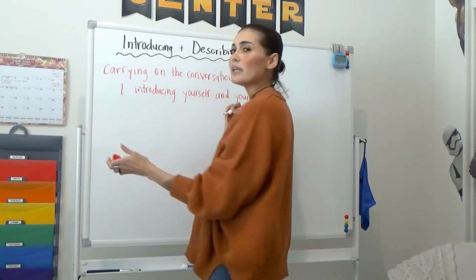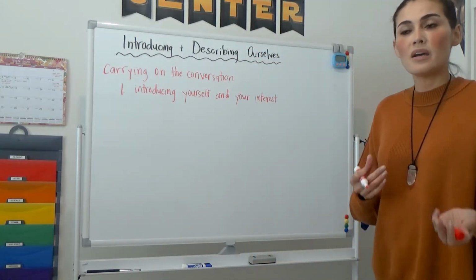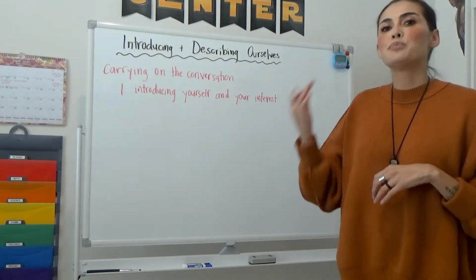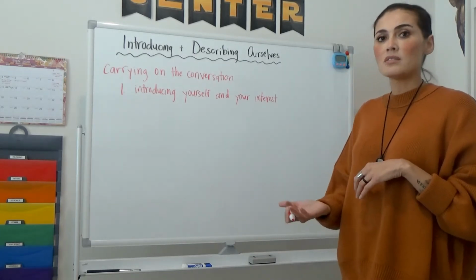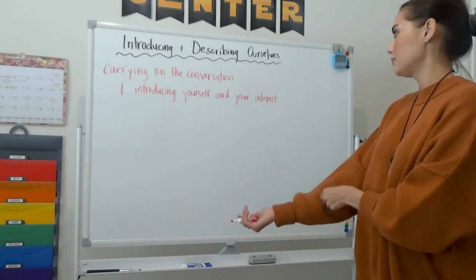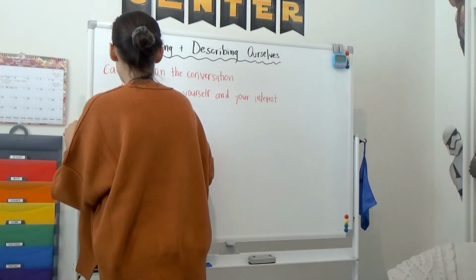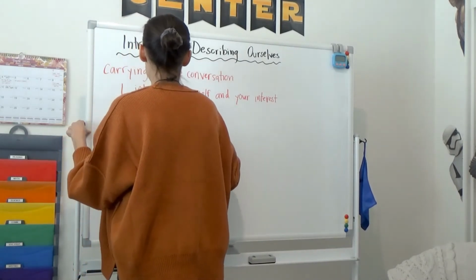Hopefully the other person has introduced themselves and has either responded to your interest, or shared an interest of their own. So the second step, you want to ask a follow-up question.